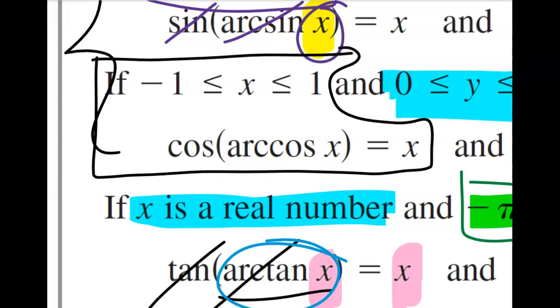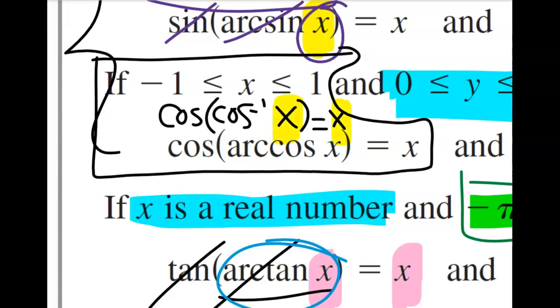Here. This is the same as saying cosine of cosine inverse of x equals x. And that can only happen if that input is a number between -1 and 1.